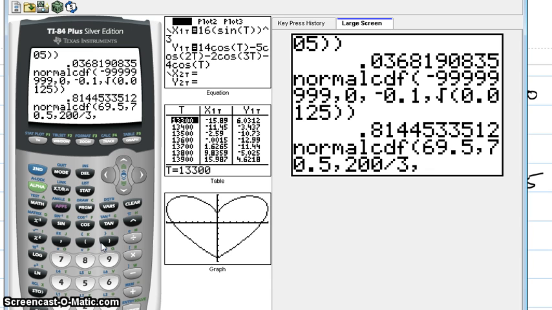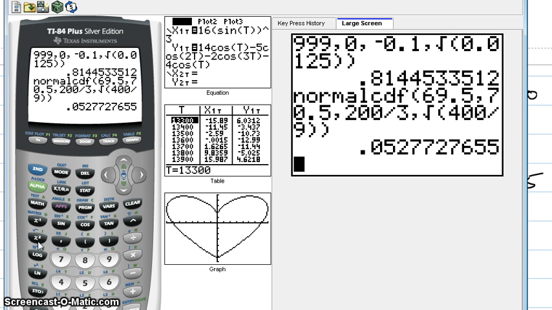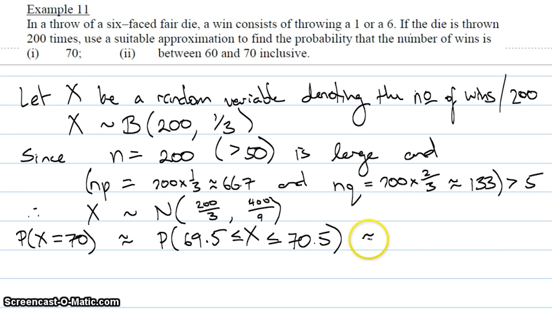Standard deviation was the square root of 400 divided by 9. And we get the answer to be 0.5277, which is, to three significant figures, 0.528.